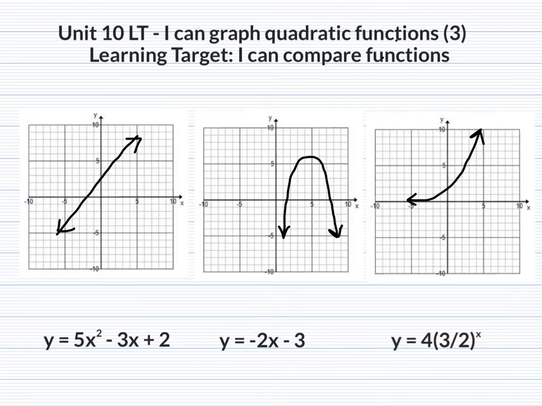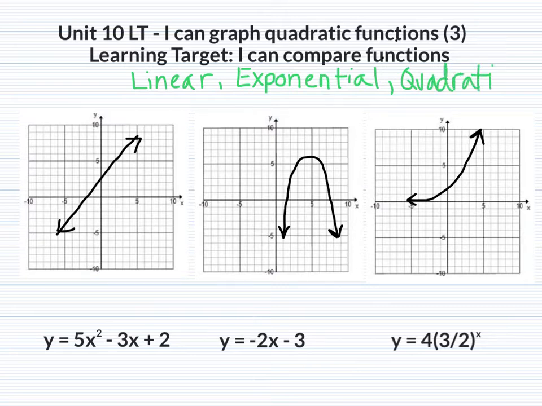So thinking in class, just like we did, we have the three types of graphs that we've seen throughout this year. So we've got linear, exponential, and quadratic. So in class we talked about what those should look like.